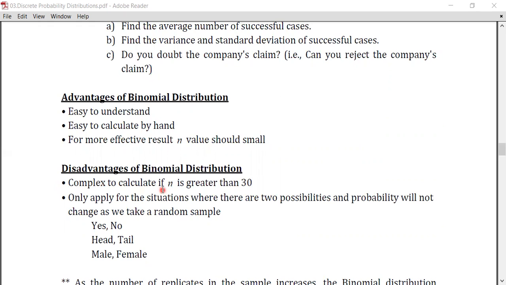Another disadvantage is that you can apply the binomial distribution only to experiments which have only two possible outcomes. If you have an experiment with more than two possible outcomes, you may not be able to apply the binomial distribution.